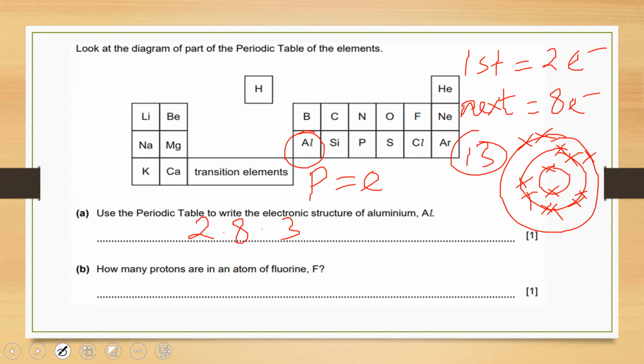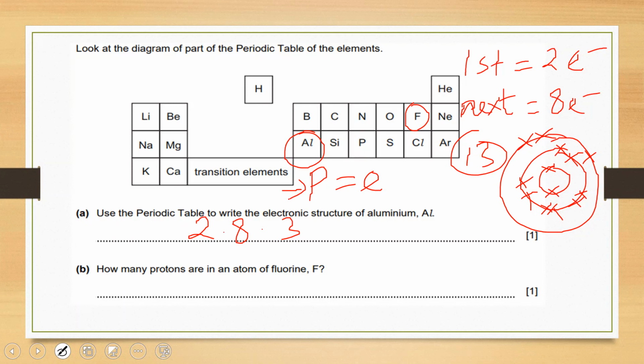Then the next question is, how many protons are in an atom of fluorine? I've established here that atomic number is the same as proton and the same as electron, for an atom, as long as it's not an ion, not a charged particle.